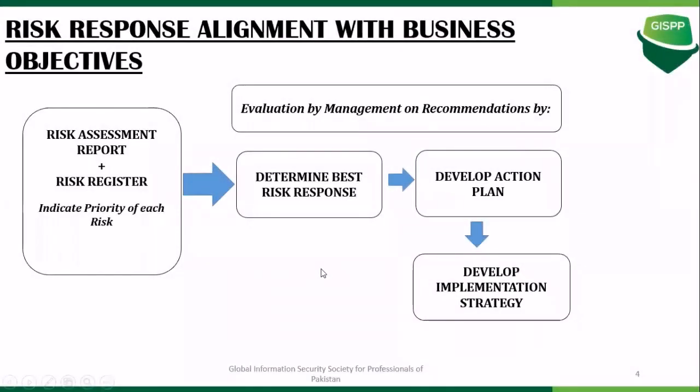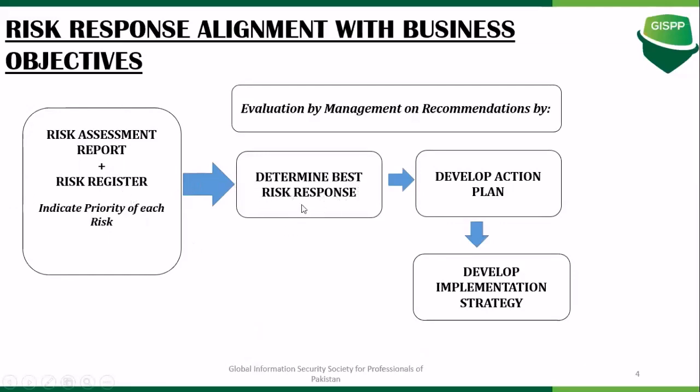Now, the first thing is to align your risk response with your business objectives. As I mentioned in the previous slide, after the risk assessment phase you have a risk assessment report and an updated risk register, which indicates the priority of each risk. Management is responsible for evaluating and responding to the recommendations sent from these reports. How do they do that? They first determine the best risk response.